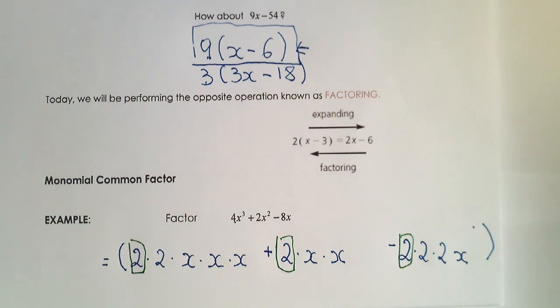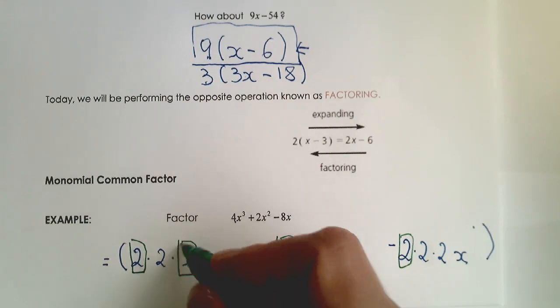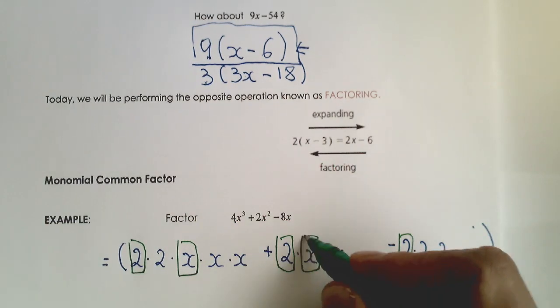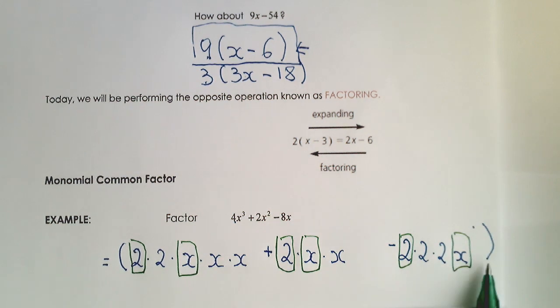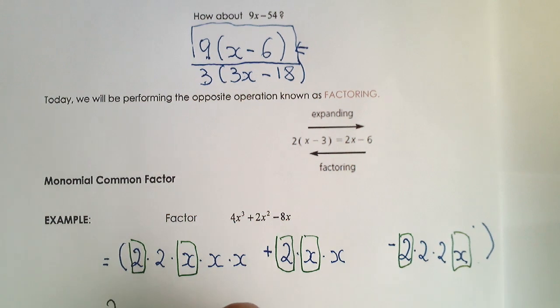Then I'm going to look at my variables. I have x here in common, and so is here, and here. Then I'm going to look for maybe another one, but I can see that there are no more variables here, so this is it. So it looks like 2x is the greatest common factor.